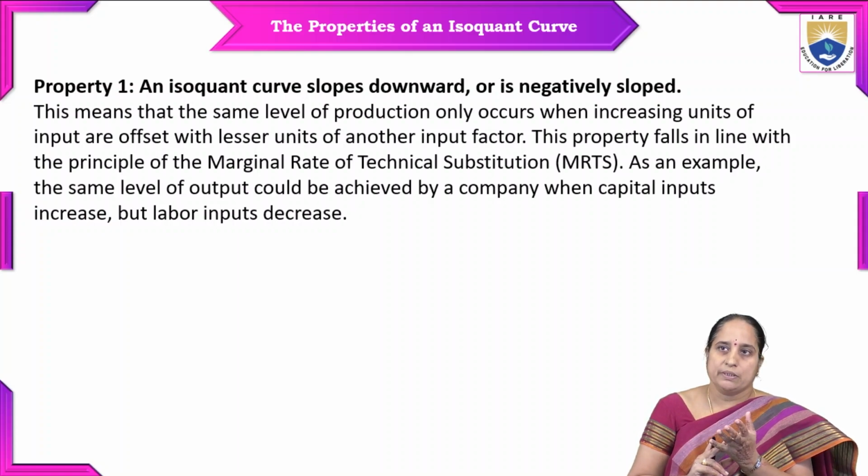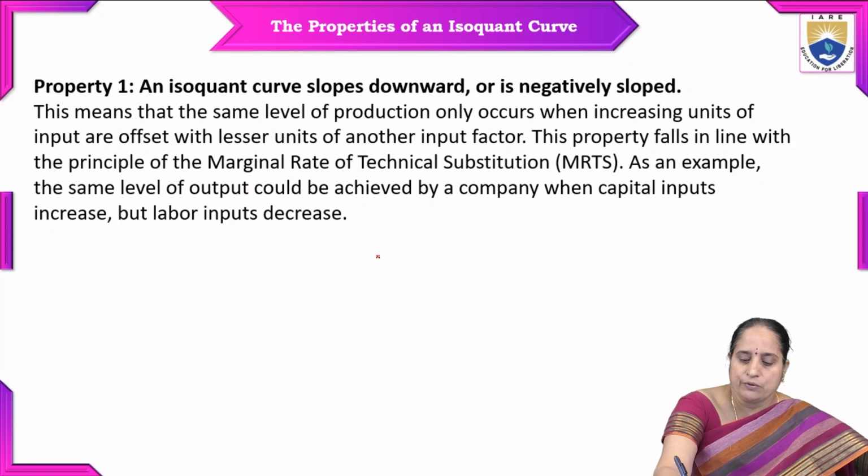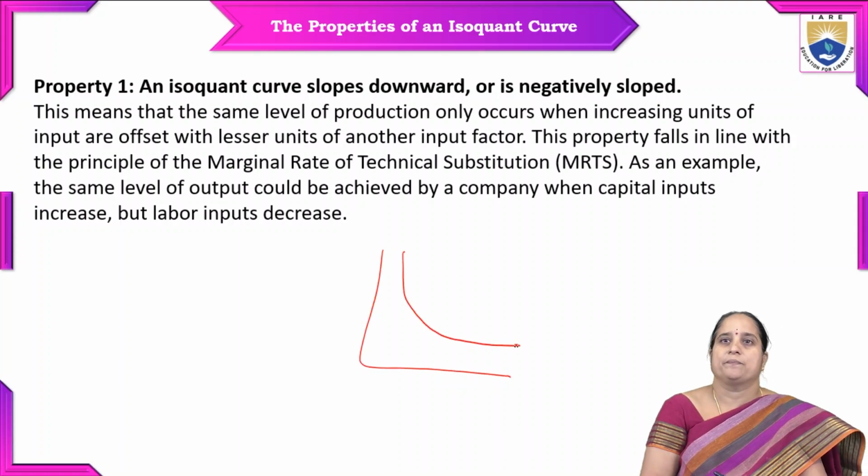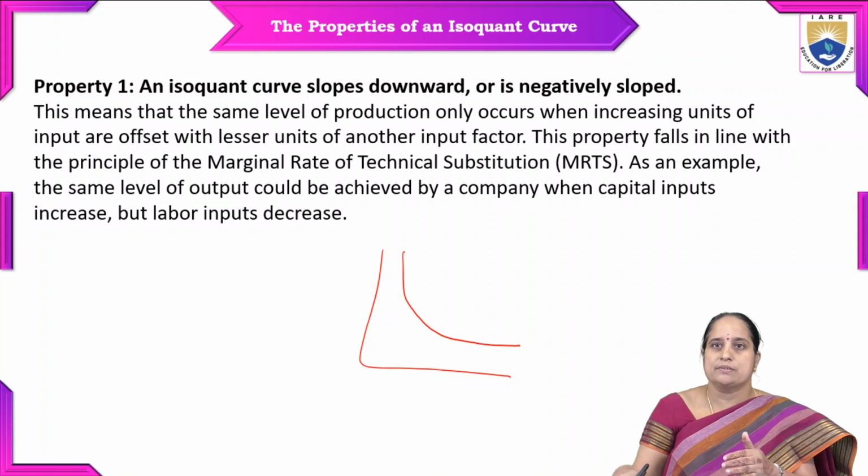Then coming to the properties of an isoquant curve, the first property is that an isoquant curve slopes downward and is negatively sloped. So if you observe the isoquant curve, it always goes like this, slopes downwards. So this means that the same level of production only occurs when increasing units of input are offset with lesser units of another input factor.